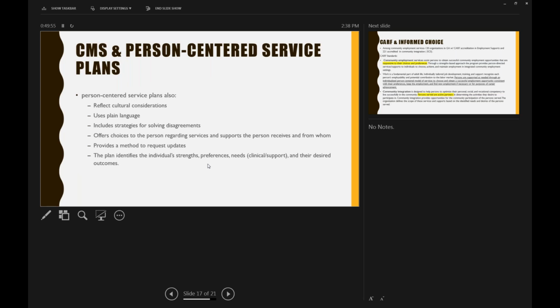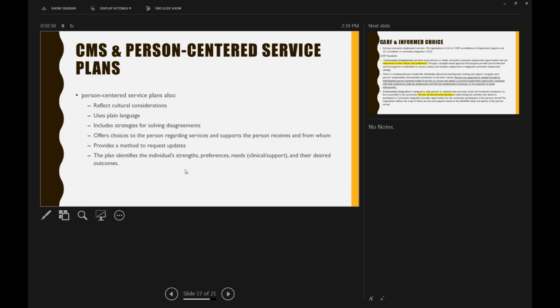CMS mandates that person-centered service plans also document and reflect cultural considerations, use plain language, include strategies for solving disagreements, offer choices to the person regarding services and supports, and provide a method for the person to request updates. The plan identifies the individual's strengths, preferences, needs, which includes the clinical and support needs, and their desired outcomes.